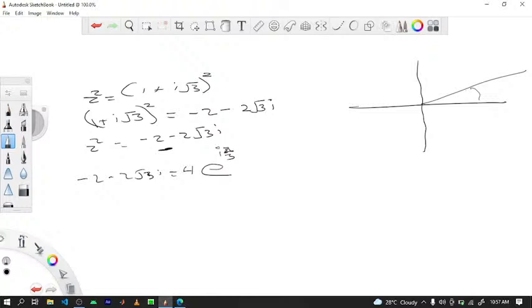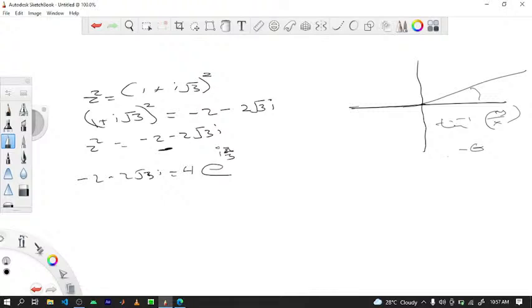But if it is in the second quadrant, you find tan inverse of y over x, and it's going to give you a negative number, so let's say negative theta.